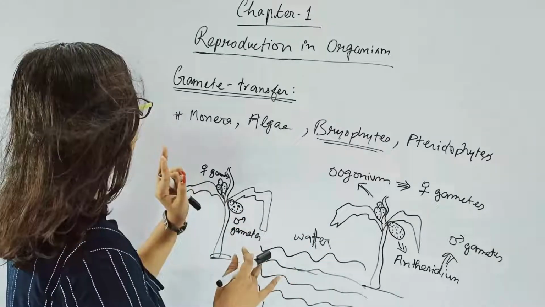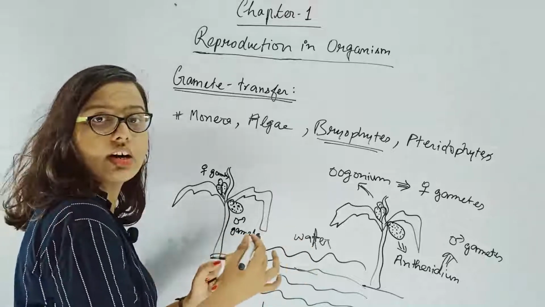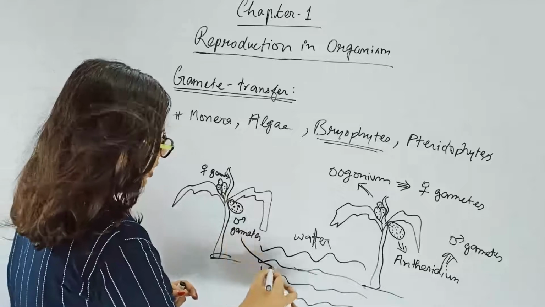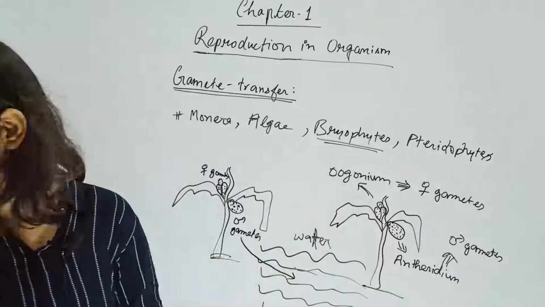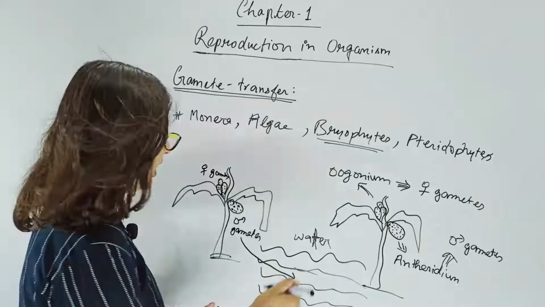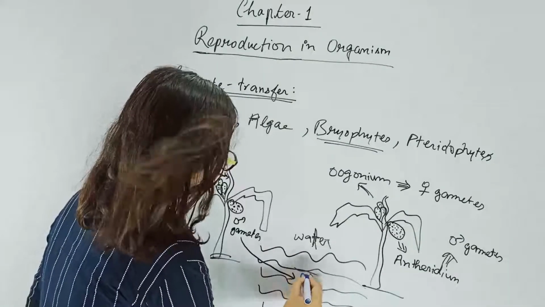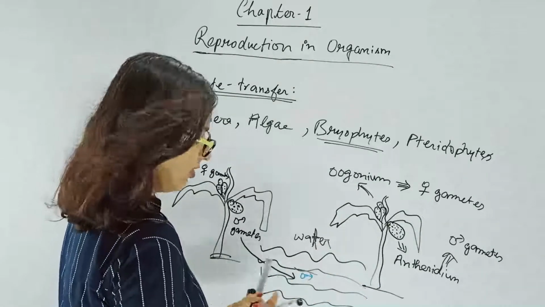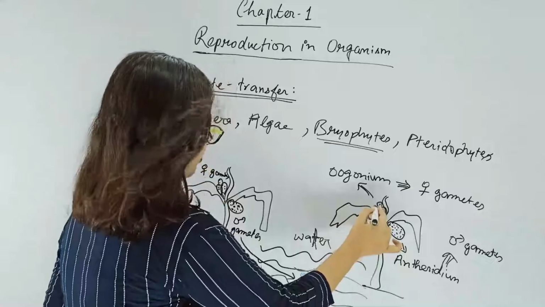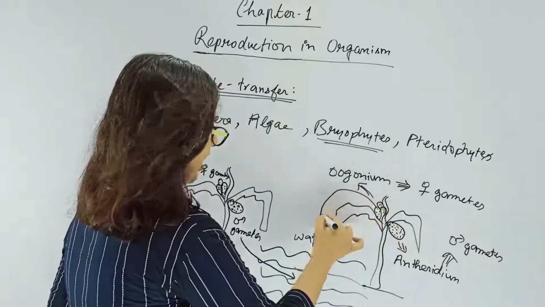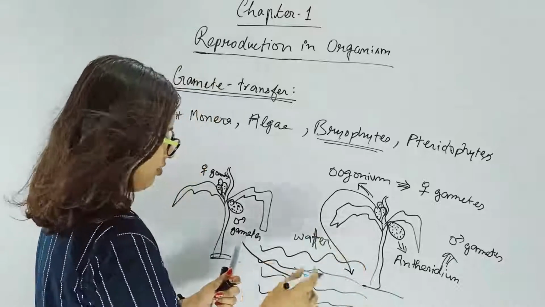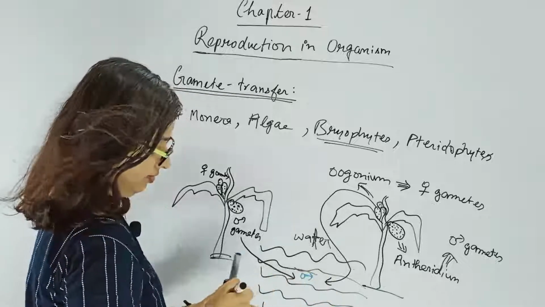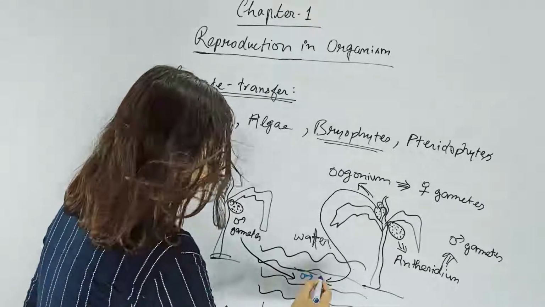So in order to help the two gametes fertilize, what will happen? This male gamete will come into water. The same way, the female gamete will also come into the water.